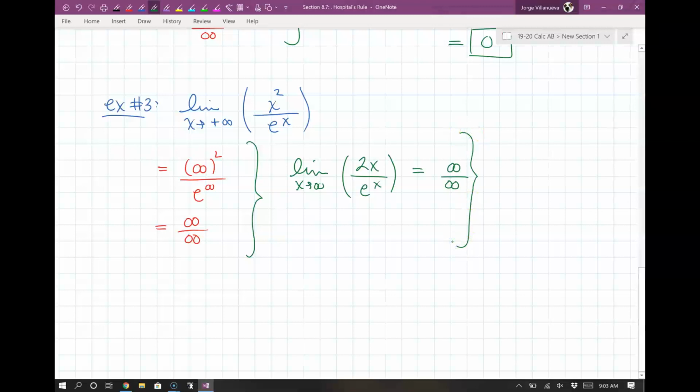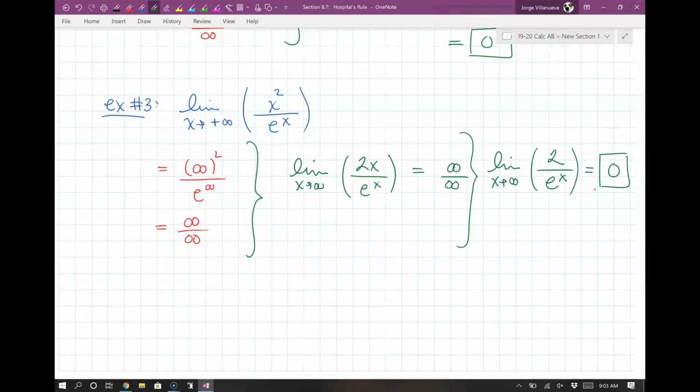So that would be the limit as x approaches infinity. The derivative of 2x is 2. The derivative of e to the x is e to the x. Okay, so what do we get for this? Well, it's 2 over infinity, so we get 0, which is what we should get.